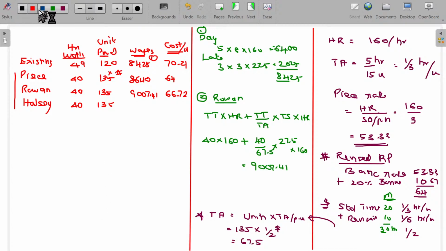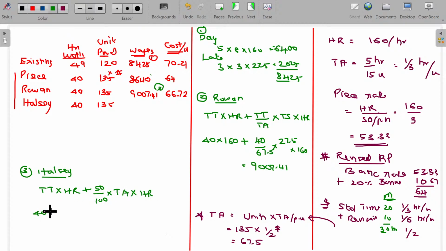This is the second one. Third one, in case of Halsey model: time taken into hourly rate plus 50% of time saved into hourly rate.